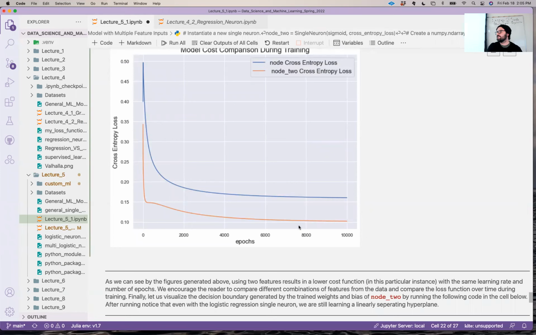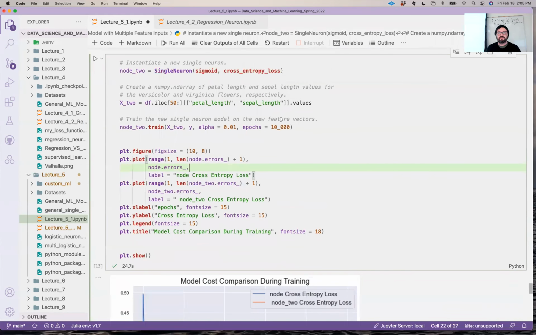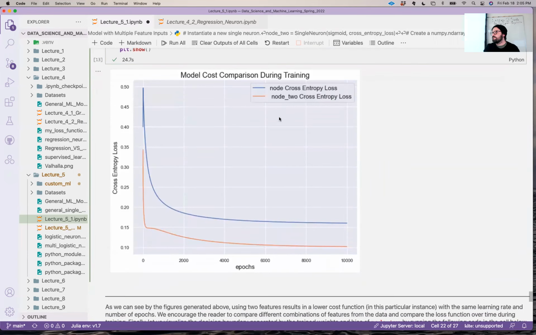That's good. Those 2 features, petal length and sepal length, gave the node more information about what species was what than just the single feature. Sometimes you don't need extra features at all, and that can be bad for your model. But in this case, it's good.